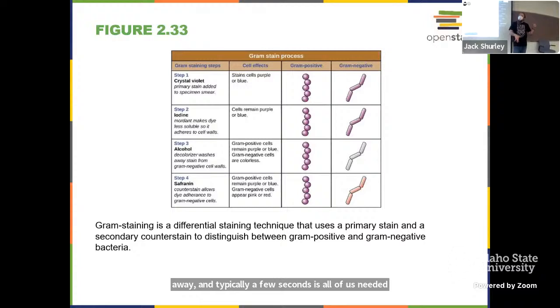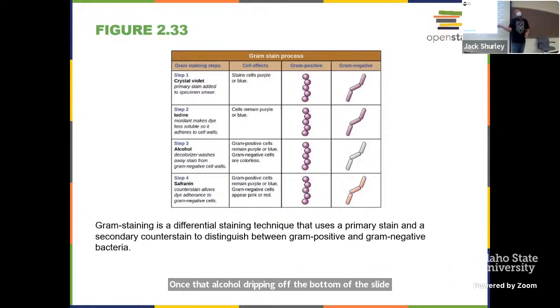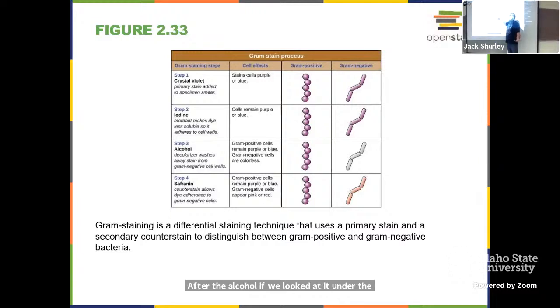Once that alcohol dripping off the bottom of the slide looks pretty clear, you grab your squirt bottle of water and squirt water above that. That rinses the alcohol off and stops the decolorizing process, all right? At that point, after the alcohol, if we looked at it under the microscope, the gram positives look purple and the gram negatives, well, they look invisible pretty much.